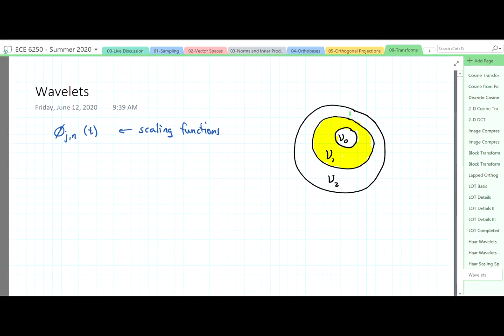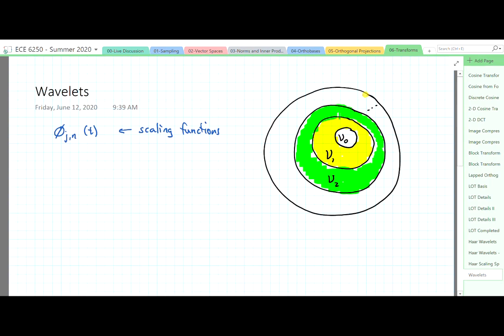I could go on for a very long time and keep adding more and more outer shells, if you will, so that when we're all done, we eventually come to Vj and all the way up to infinity, which is all functions in L2.